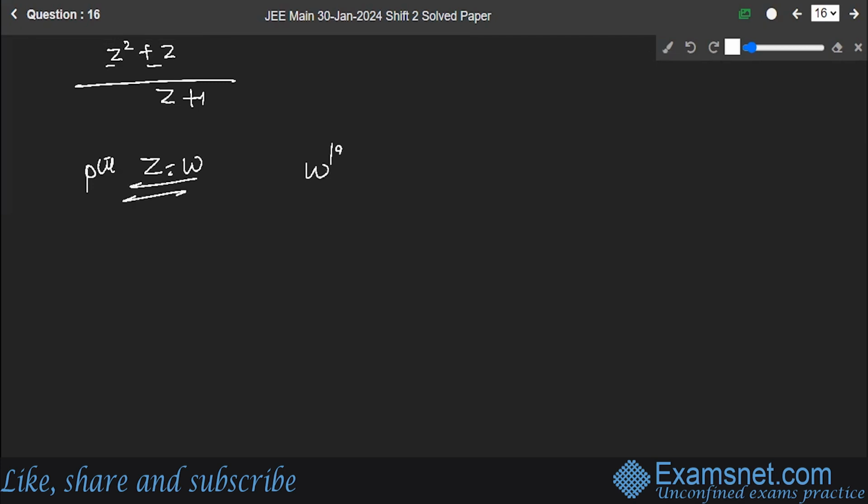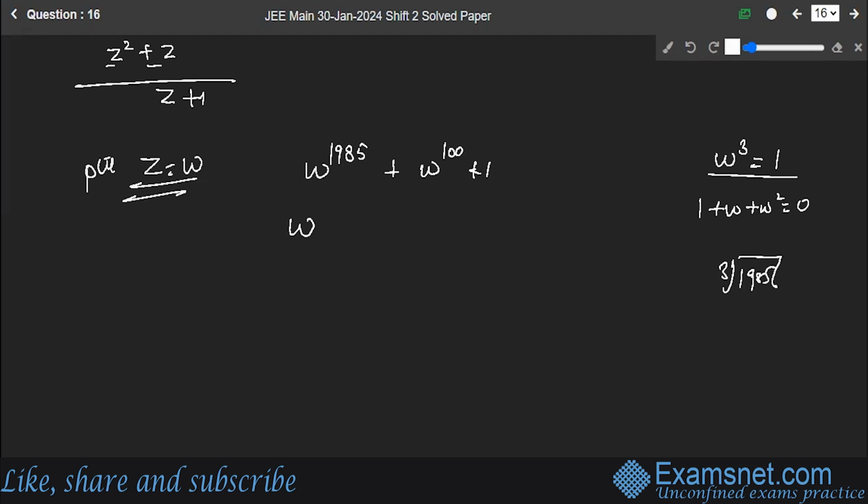This makes the first equation as omega power 1985, omega power 100 plus 1. See, you know omega cube is equal to 1, and also 1 plus omega plus omega square is equal to 0. So if I write in the multiple of 3, let's divide 1985 with 3. You will have 661 and remainder will be 2.